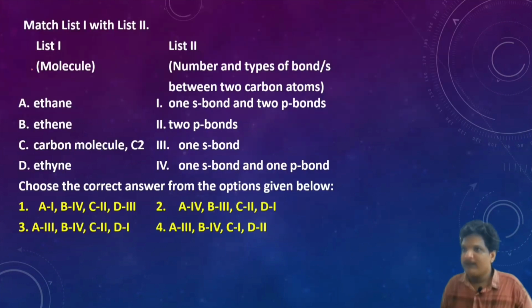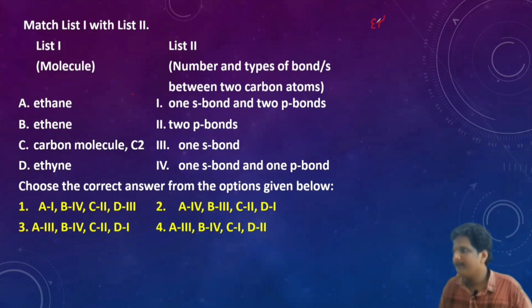Match the list 1 and list 2. In list 1 they have given molecules, and in list 2 the type of bonds between carbon-carbon atoms. First of all, that is ethane.